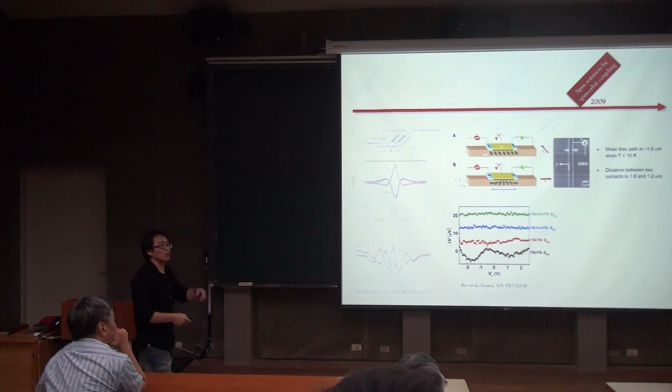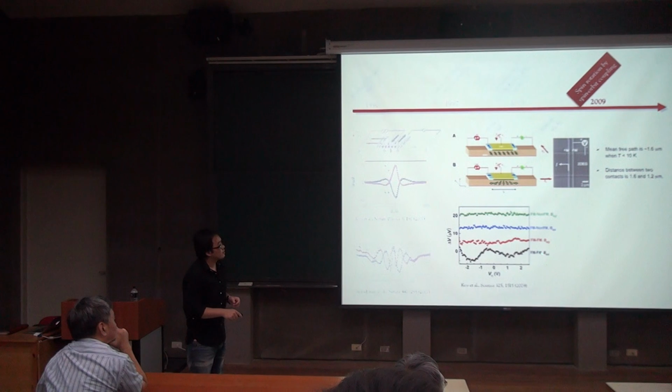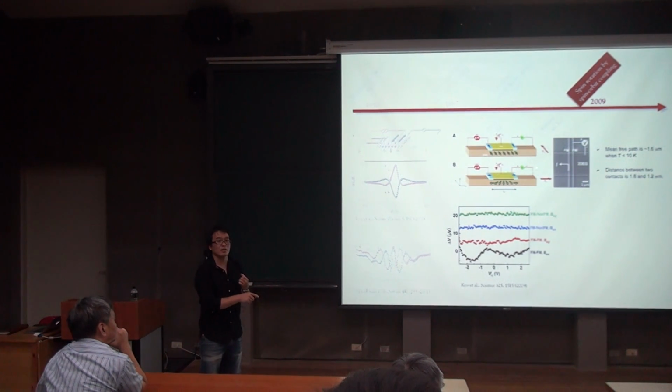So of course you don't expect to see any spin precession, and if you look at the data, you will see there is no spin precession here. So you do something interesting: you apply an external magnetic field to change the direction of the magnetization of this ferromagnet.